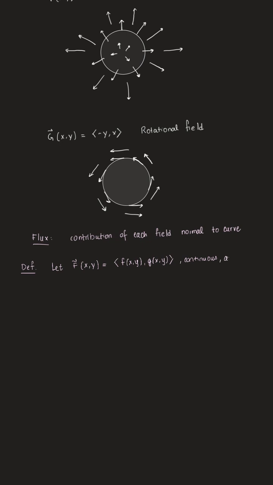We also have a smooth curve C that's parametrized in the counterclockwise direction, and that does not intersect itself. This is important, and I'll talk about it in a moment. And N is going to be our outward normal.